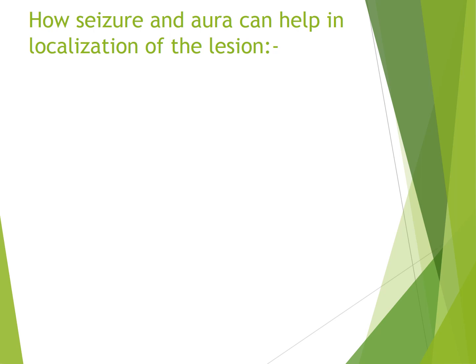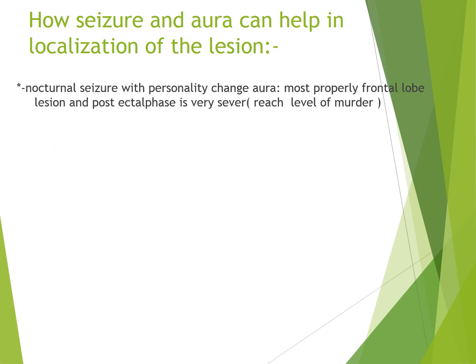How seizure and aura can help localize the lesion. Some seizures have a specific feature, a specific aura, which guides you for localizing the site of abnormal electrical generation of seizure, such as frontal lobe seizure, which has a very bizarre aura.